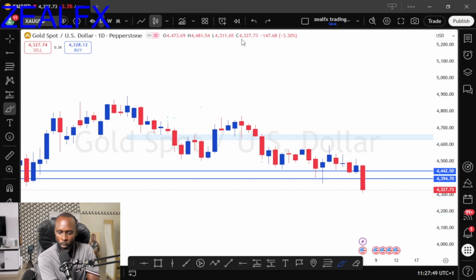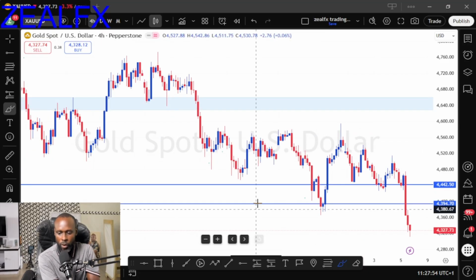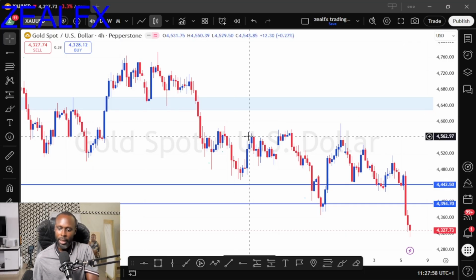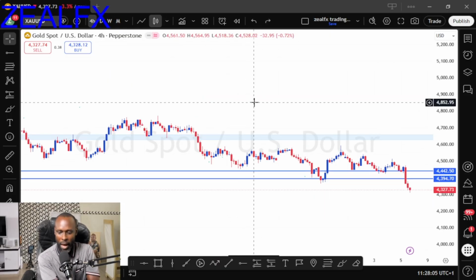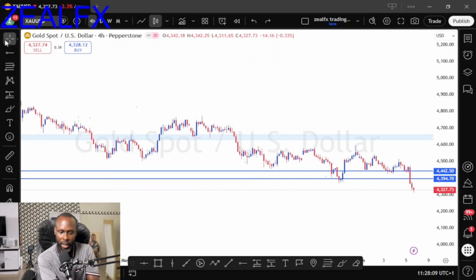So let's go back to the 4-hour time frame. On the 4-hour time frame, we now see clearly that the gold USD is truly on a downtrend. Then we can start waiting for price to retest back to these major areas of interest for us to start selling the gold USD.